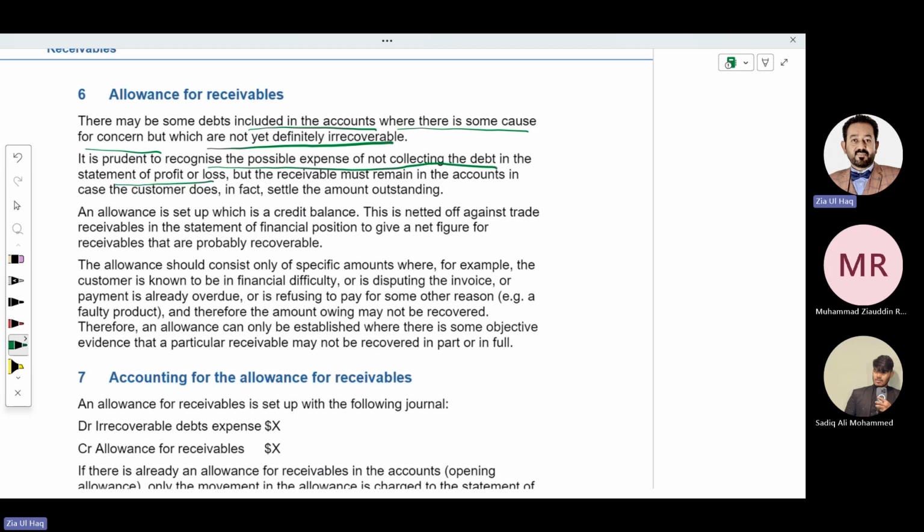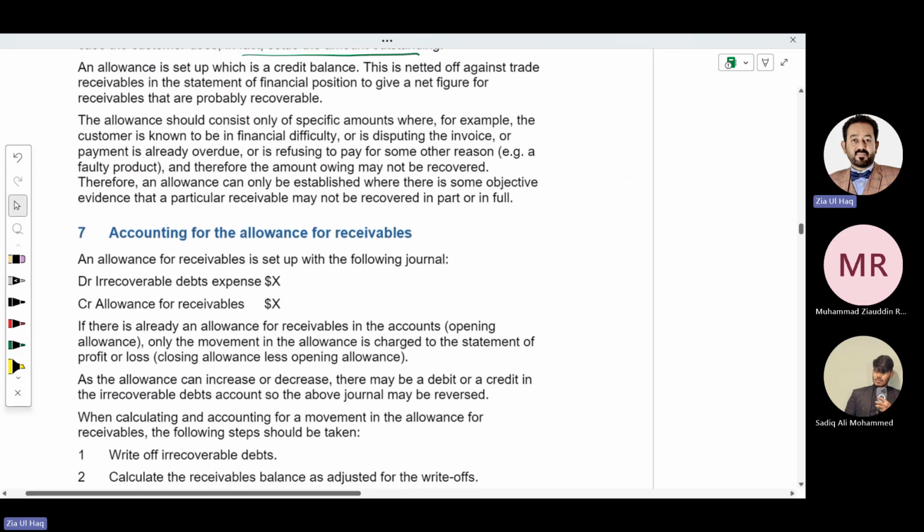That's why irrecoverable debt expense debit, but the receivable must remain in the account. That's why we are creating allowance for receivable. In case the customer does in fact settle the amount outstanding, meaning there are chances this might be recoverable. The accounting entry for allowances for receivable: irrecoverable debt expense debit, allowance for receivable credit rather than receivable credit.